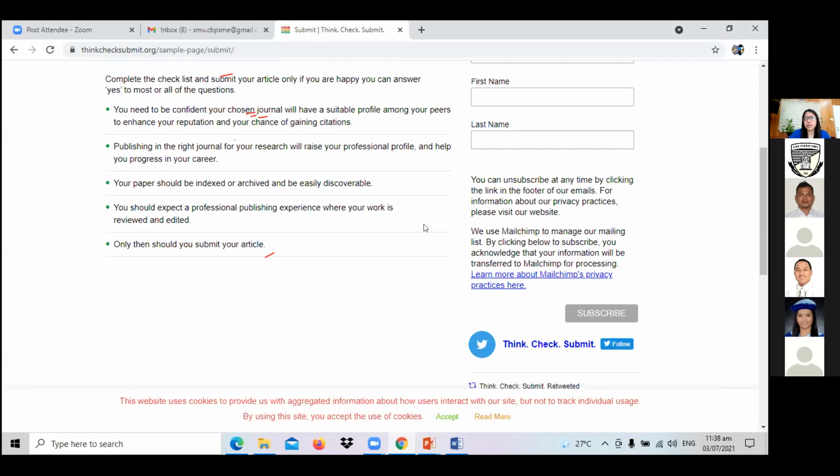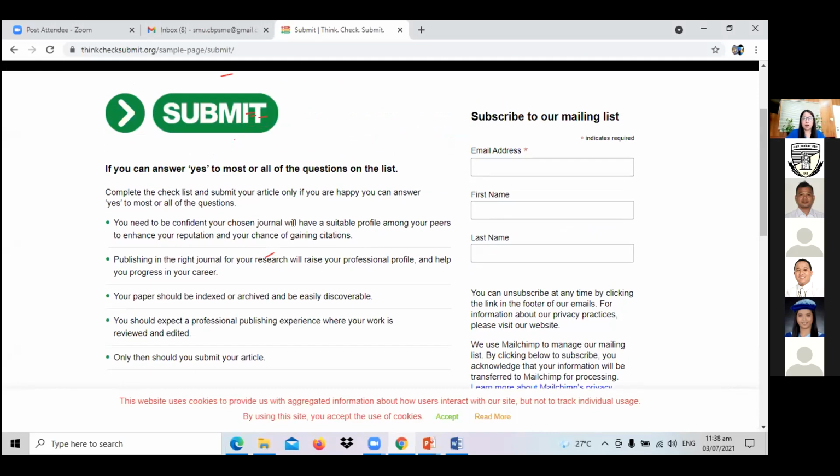Your paper should be indexed or archived and be easily discoverable. And you should expect a professional publishing experience where your work is reviewed and edited. Only then should you submit your article.